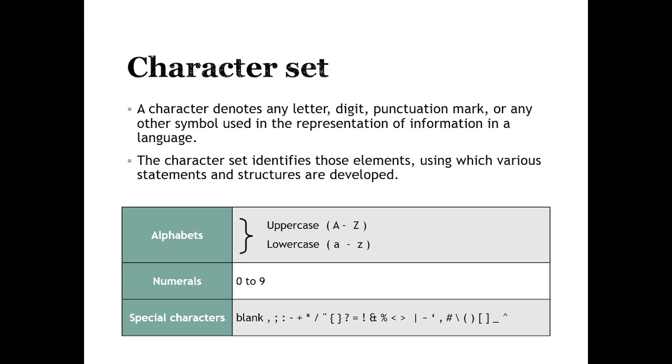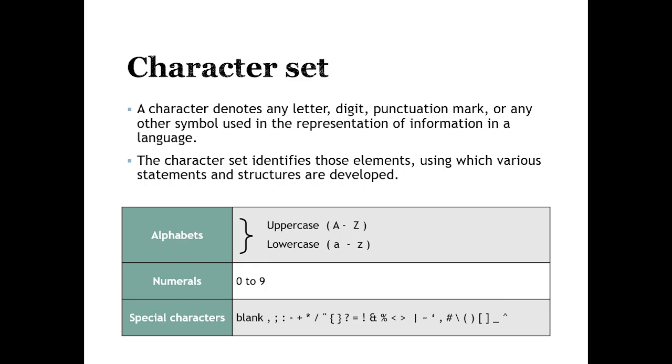So what is a character set? Character sets denote the letters, digits, punctuation marks or any other symbols that are used to represent information in the programming language. For example, in Kannada, we use the different alphabets or letters of Kannada and combine them together to form one word, pada, as we say in Kannada.